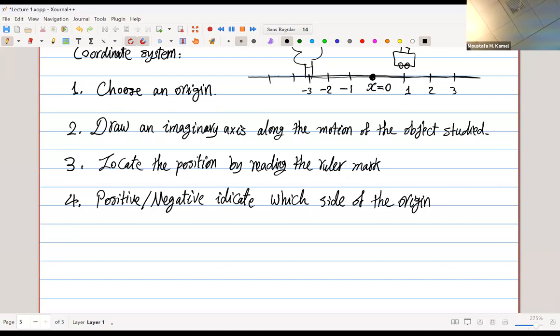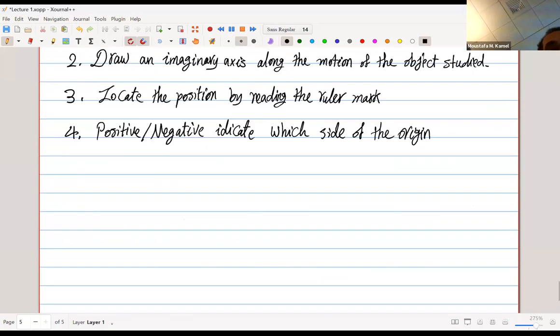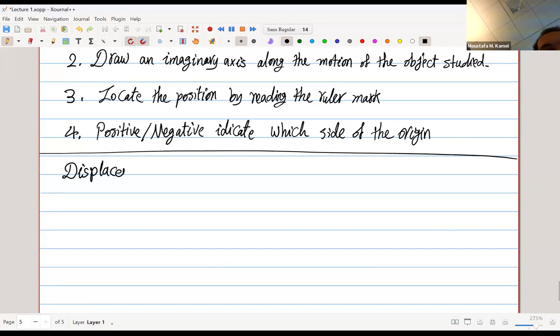So what is displacement? That's the title of the section. What's this displacement? Displacement is denoted delta x. The big delta, the Greek letter, indicates the change or difference.